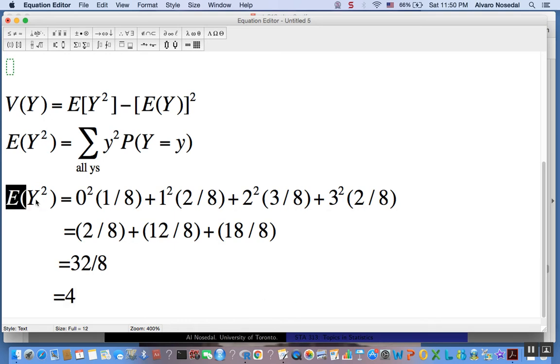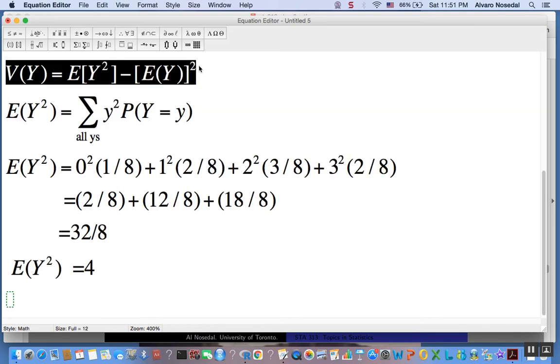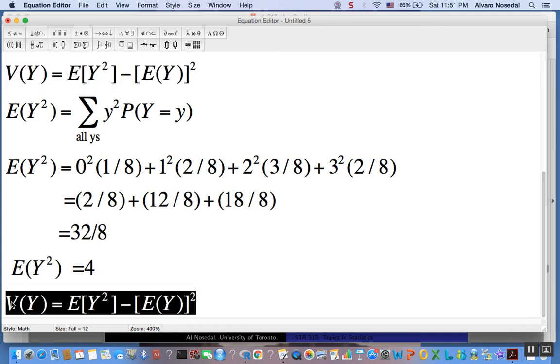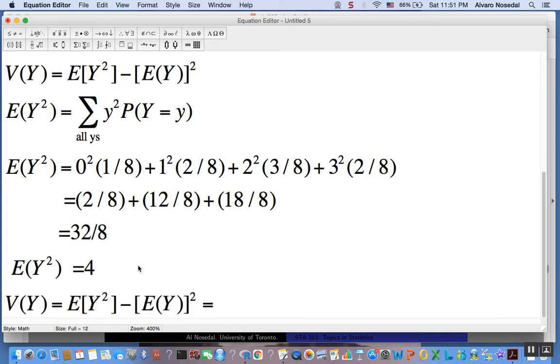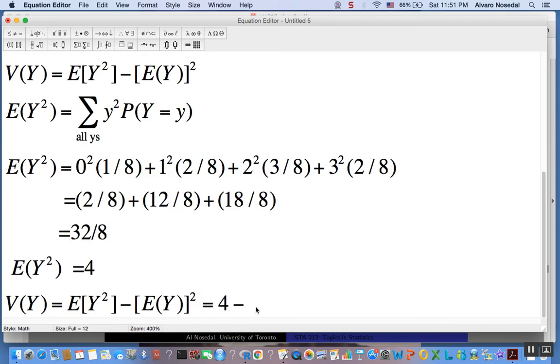So that's the expected value of y squared. So since we want the variance, let me copy paste this. This would be just 4 minus this squared.